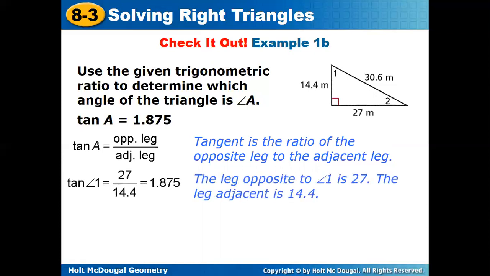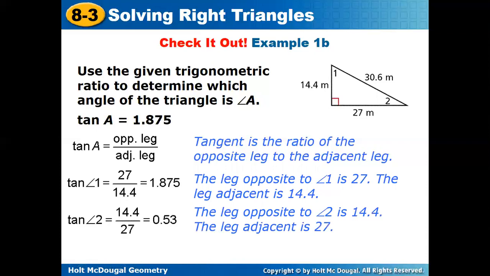Let's start with angle number 1. The opposite to angle number 1 is 27, over the adjacent, which is 14.4. So tangent of angle number 1, 27 the opposite over 14.4 the adjacent, is equal to 1.875.